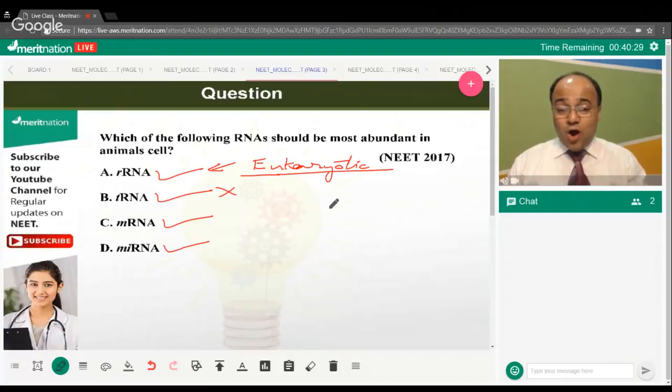And you know how many proteins working as the structural component of the cell, working as enzymes, and in various other forms are released by the cell. So obviously, a lot of RNA is required for that at any point of time, and thus the most abundant form of RNA within the animal cell or a eukaryotic cell is generally rRNA. So that is your answer.